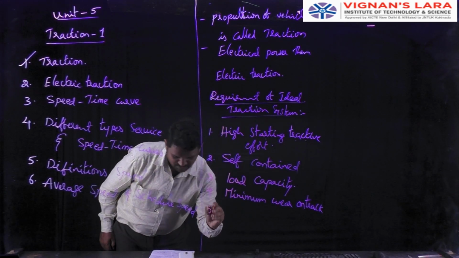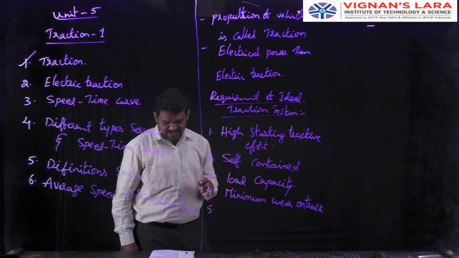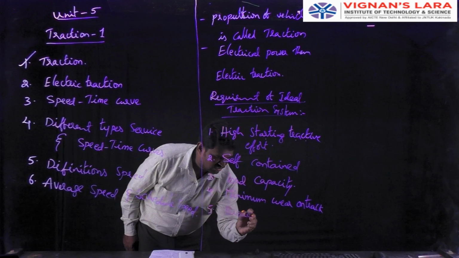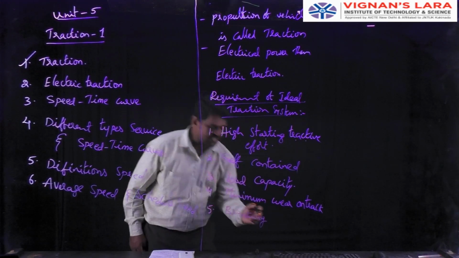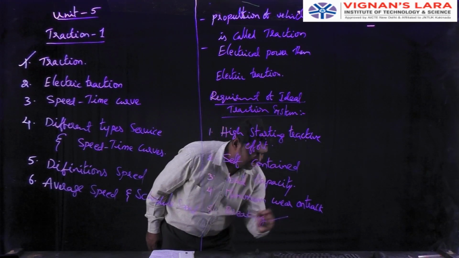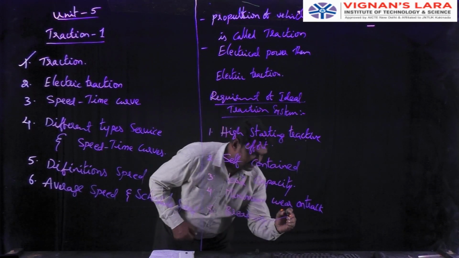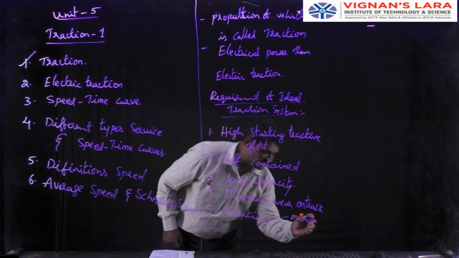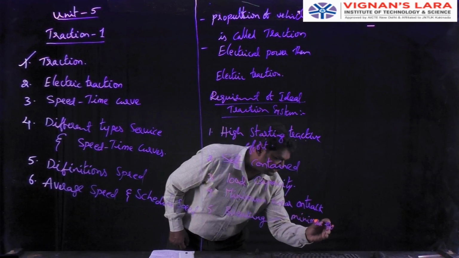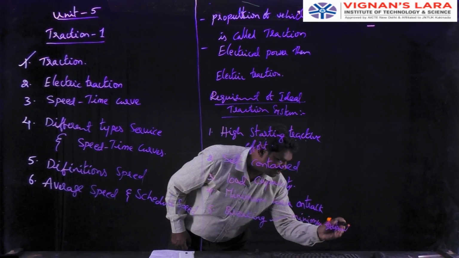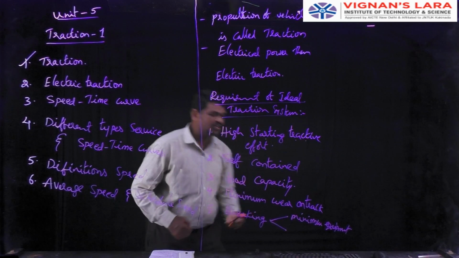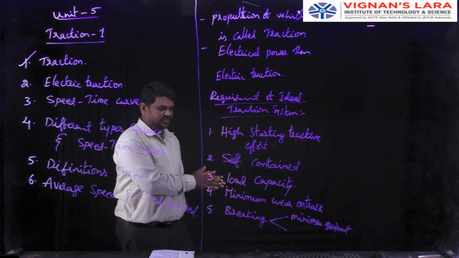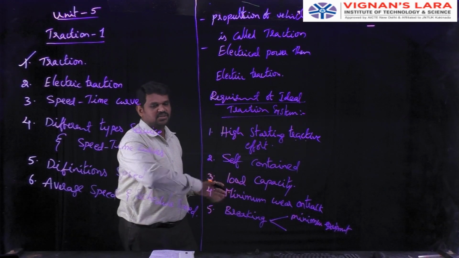Next, the fifth point is the braking system. The braking system should have the minimum equipment. If it is possible, we can supply the energy in the braking period back to the supply.